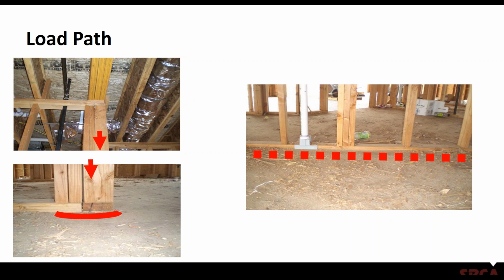Basically, like I said, load path can create a problem. In this case, in the figure on the left, you've got a 3-ply LVL beam that is supported on some columns, which in turn come down and are supported on some plates on the floor.